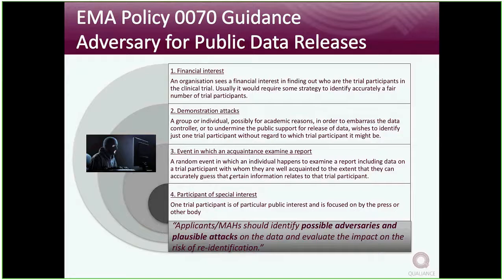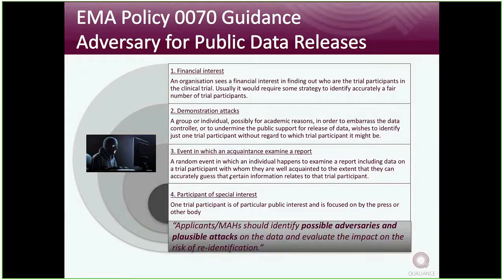But I think we can agree that this is unlikely to happen, even though I'm saying that's the example I'm going to use afterwards to show some simple calculation. And this example of a participant of special interest can actually be extrapolated to other examples that are being talked about as plausible attacks right now in the industry.